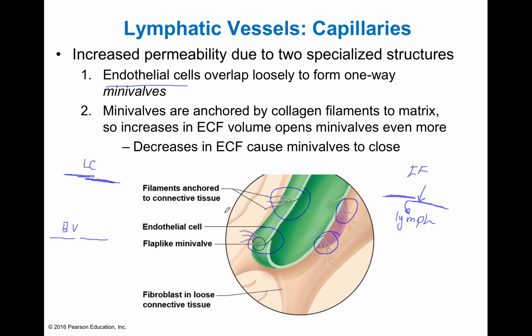These act as collagen filaments, and their job is to anchor your capillaries to the surrounding tissue and make sure that, again, the lymphatic capillary doesn't collapse on itself and it can effectively collect the leaked fluid.